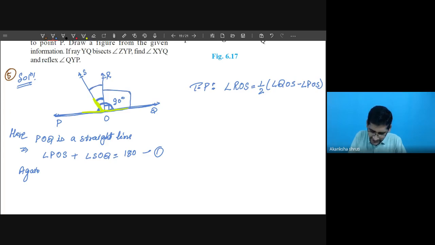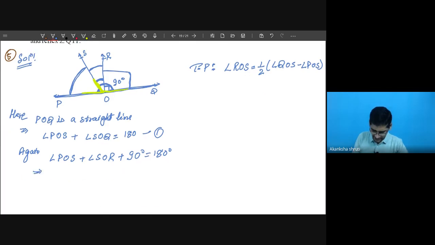So if I am taking this 90 degrees, this other angle and this third angle, the sum of these three will also be 180 degrees. Again, angle POS plus angle SOR plus 90 degrees is equal to 180 degrees. Are we getting like this, student? We can get like this.